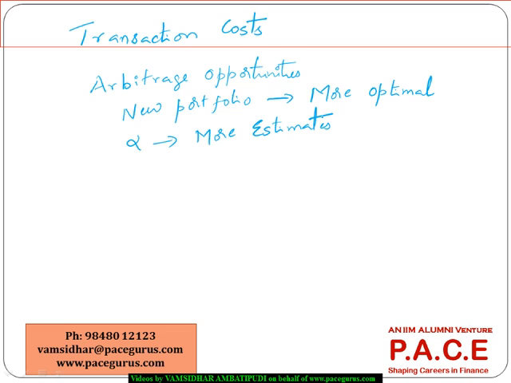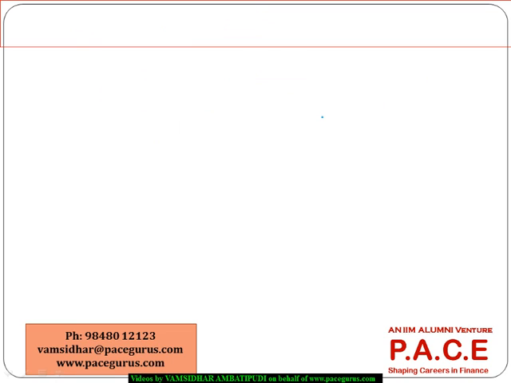Then when we are trying to construct a portfolio, there are so many practical issues that may come up. Understanding all these things, let's say we started constructing a portfolio. There could be various practical issues.